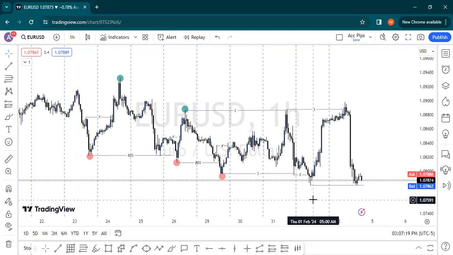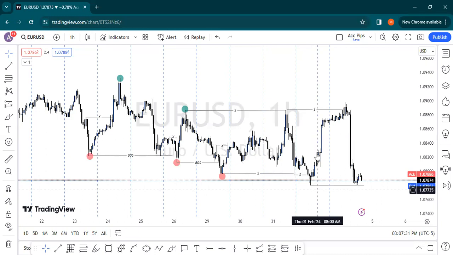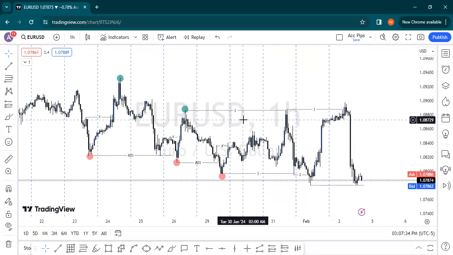Okay, and then also keep in mind that always the decisional OBs are 50-50 zones, and the extreme OBs are the high probability zones that we make entries from. So anytime I'm making entries from inducement sweeps of the lows and the highs, and also from decisional OBs, it is 50-50.